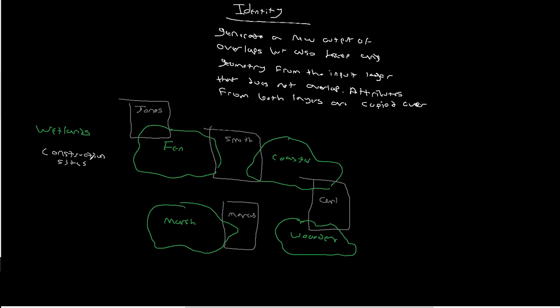Okay, so this is the big thing that differentiates identity from intersect, is that we have to label one of these as the input feature. So we're going to call the wetlands the input feature, and we're going to call the construction site the identity feature.